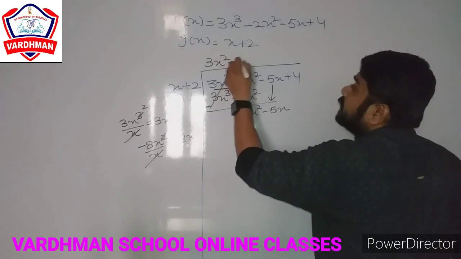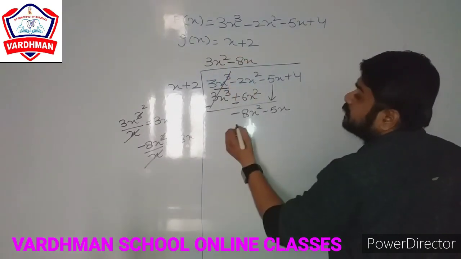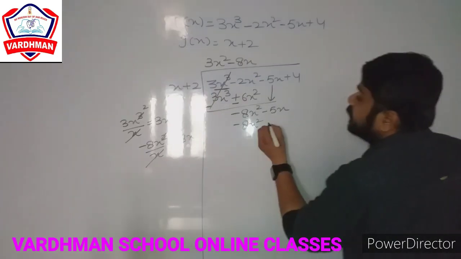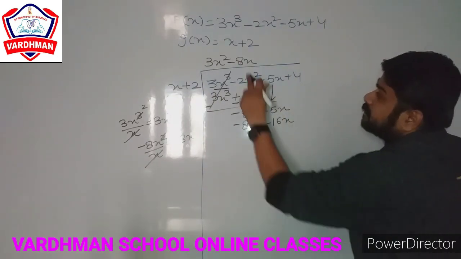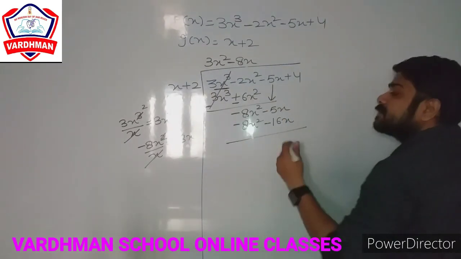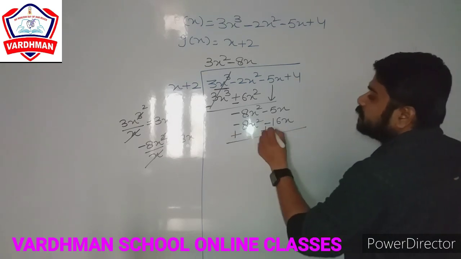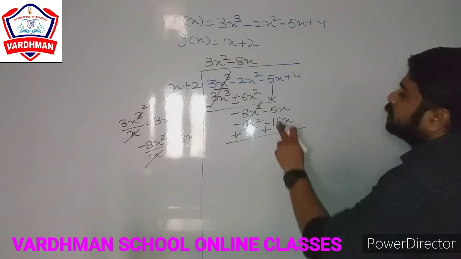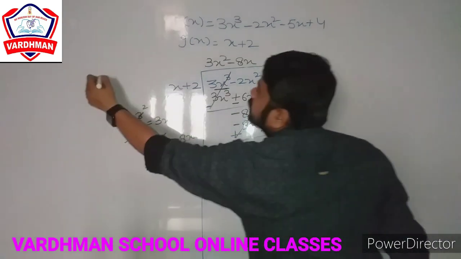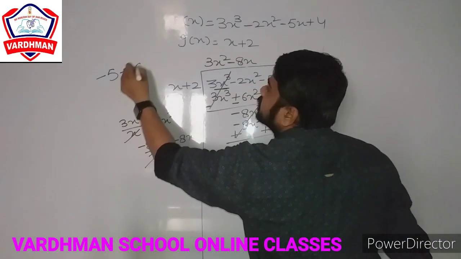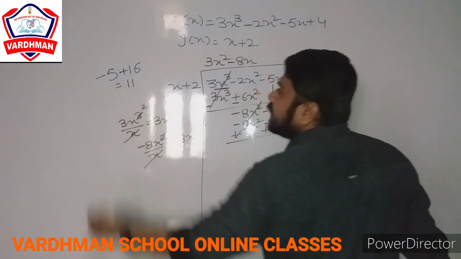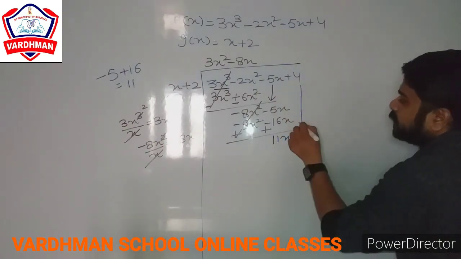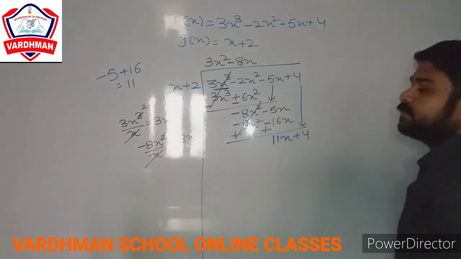So now minus 8x square and minus 16x, plus minus minus, sign change, plus plus, cancel out. Minus 5 plus 16, there is the 11, positive 11x, and plus 4 goes down.